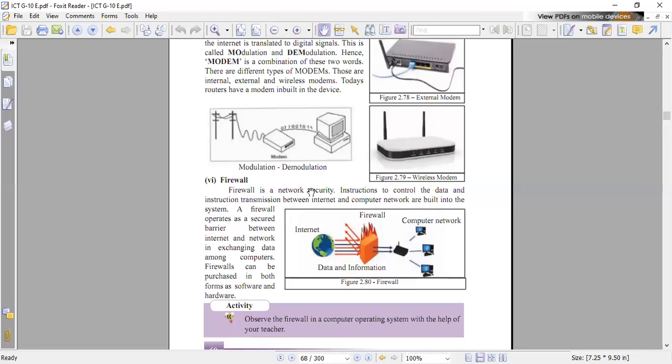Excuse me, sir. Can you repeat it? Firewall is used to prevent unauthorized access to the network. Got it? Yes, sir.